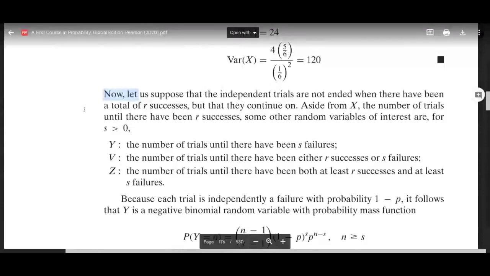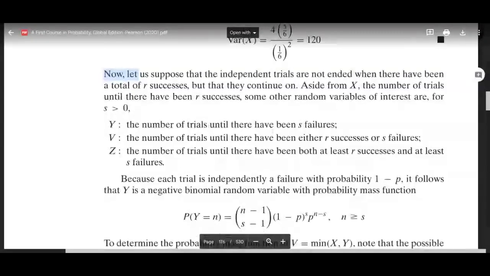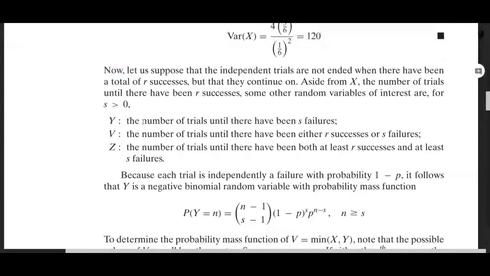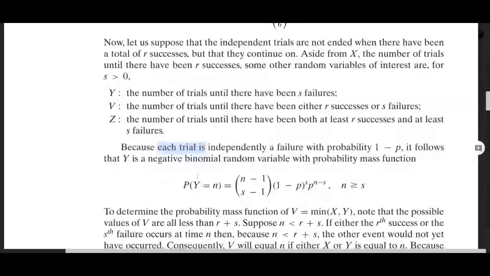Aside from X, the number of trials until there have been r successes, some other random variables of interest are, for s greater than 0: the number of trials until there have been s failures, which we did; the number of trials until there have been either r successes or s failures; and, interesting, the number of trials until there have been both at least r successes and at least s failures. Because each trial is independently a failure with probability 1 minus p, it follows that Y is a negative binomial random variable with probability mass function.